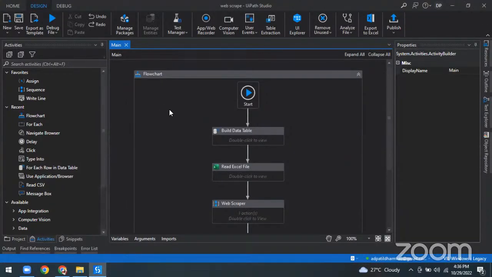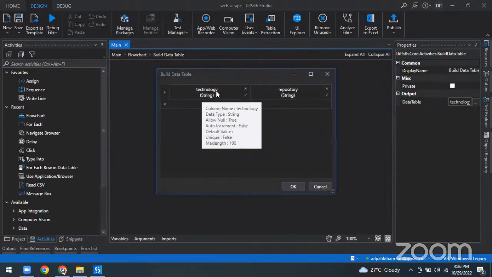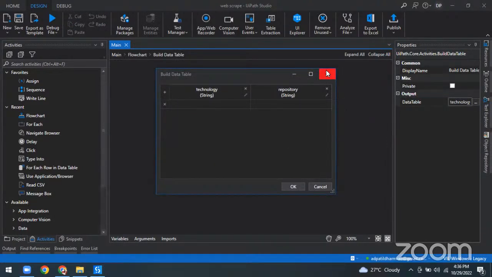This is an example, ma'am. First, here we have taken a build data type. In that, we have taken the data types like technology list and the repository numbers.